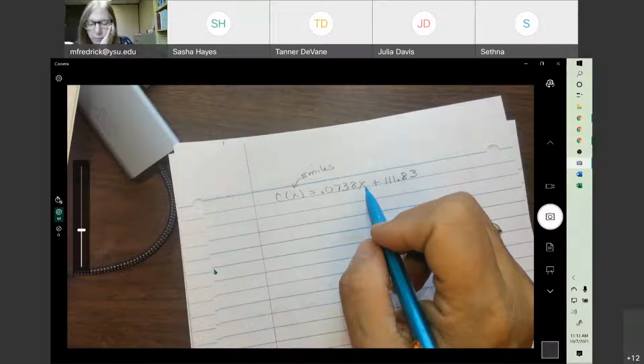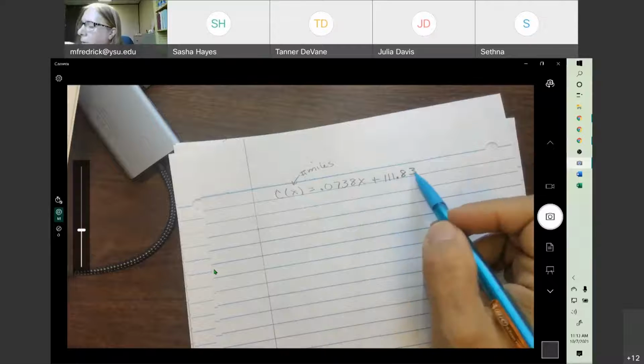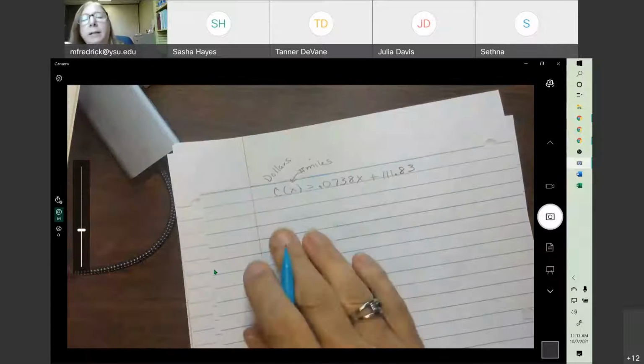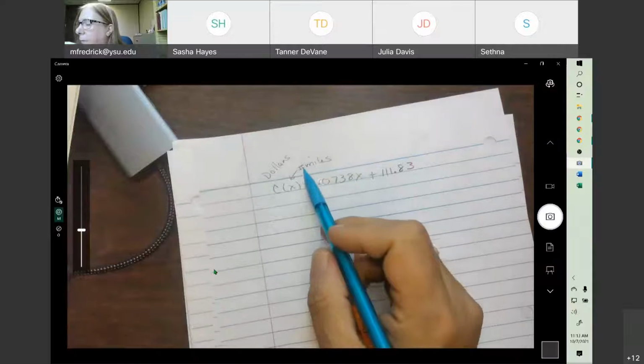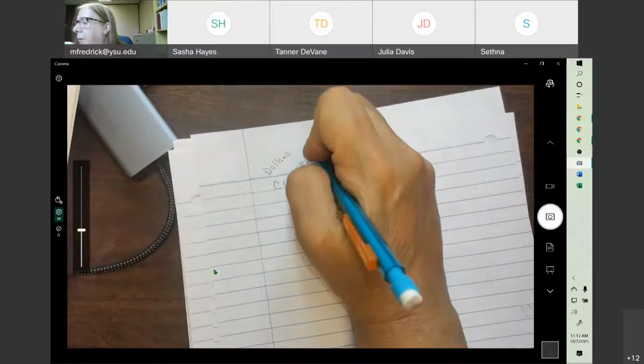Okay. So this is the cost in dollars to fly however many miles on American Airlines.